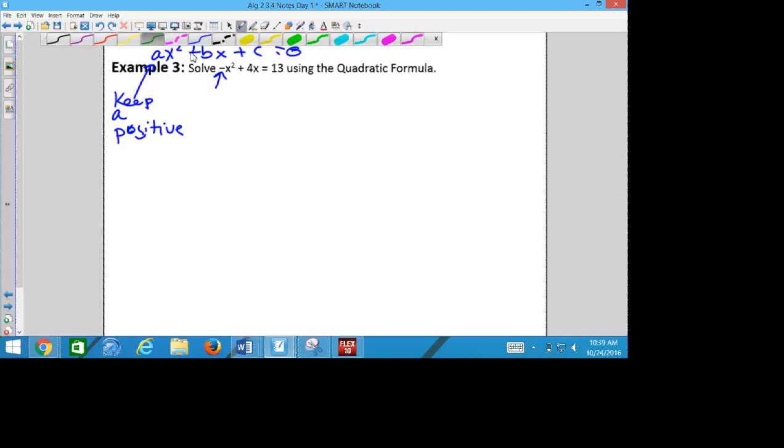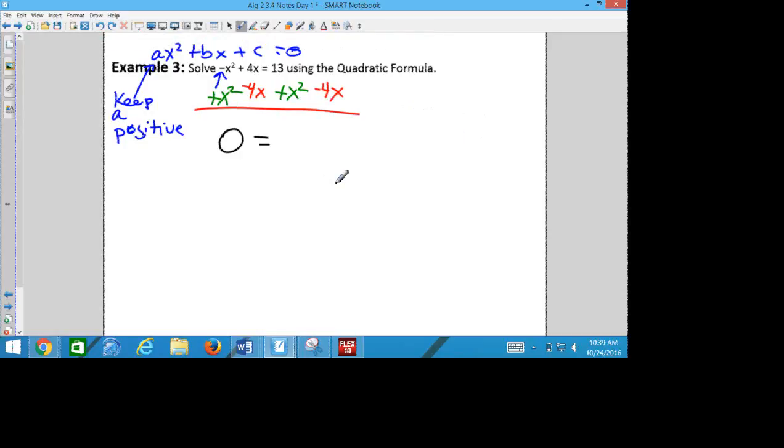So I'm going to move the x squared over by adding x squared to both sides, and then I'm also going to subtract 4x from both sides. And I will end up with 0 equals x squared minus 4x plus 13. Is it okay that my 0 is on that side?